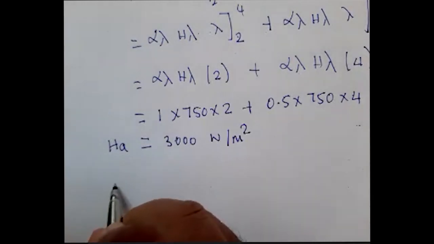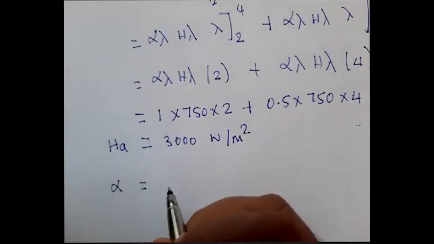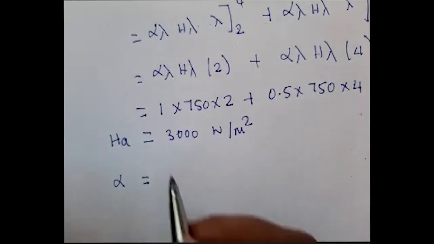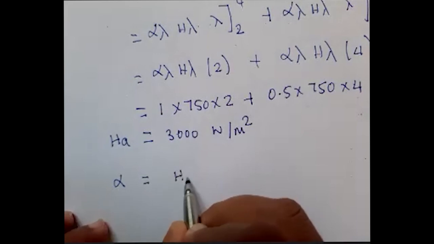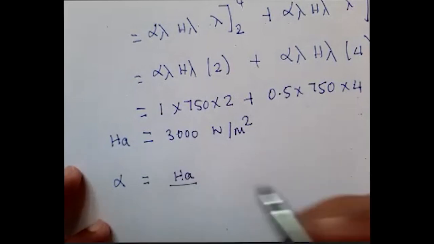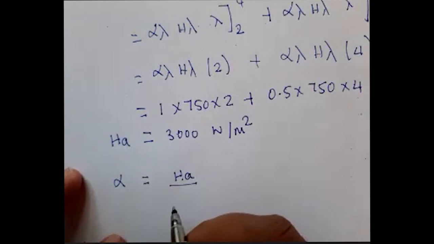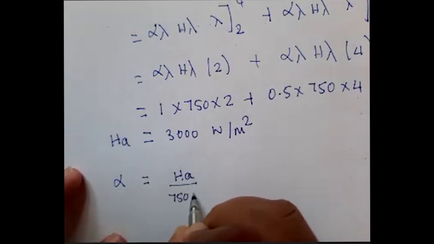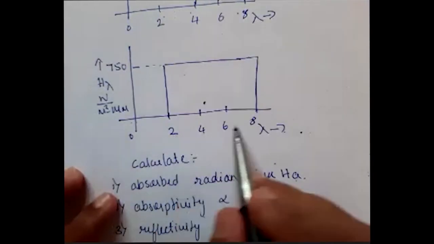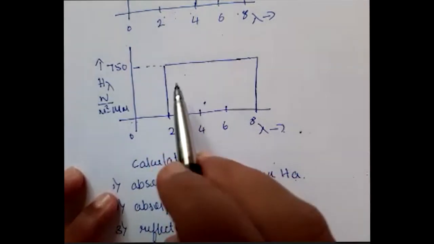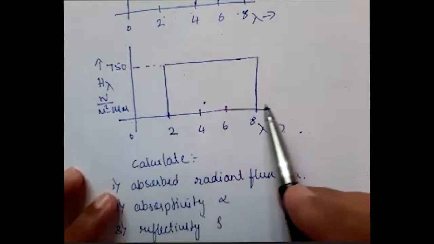Now, absorptivity alpha is nothing but the total radiant absorbed heat flux HA divided by H lambda over the wavelength. From 2 to 8, the value is 750, and the rest is all 0.